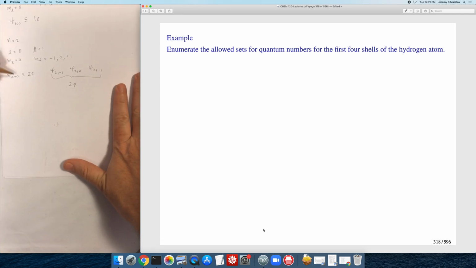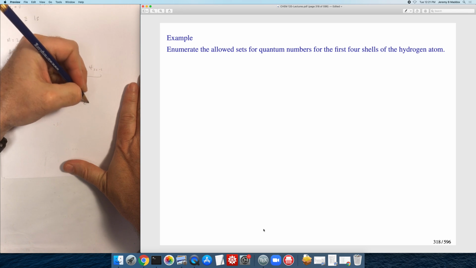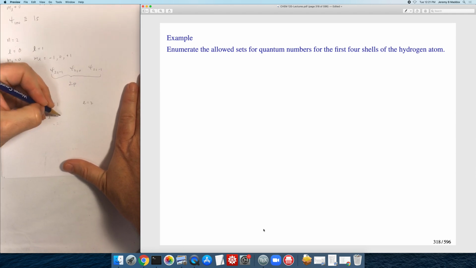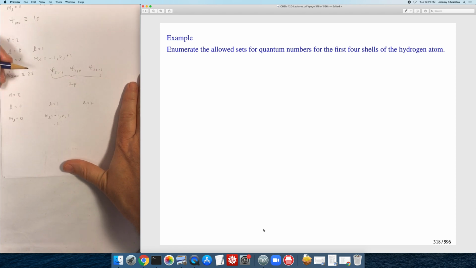For n equals 3, the third shell, L can take on values of 0, 1, or 2. For the case where L equals 0, there is only one possible value of m sub L, which is 0. For L equals 1, again, we are going to have three possible values for m sub L: -1, 0, and 1.